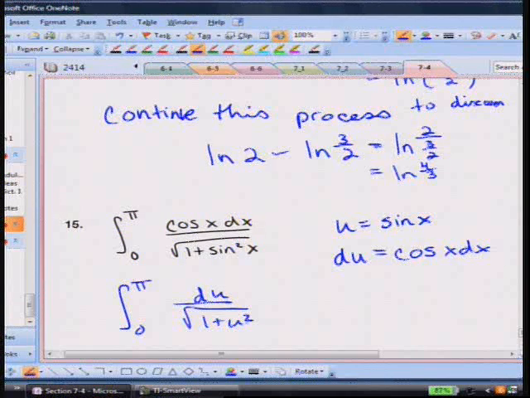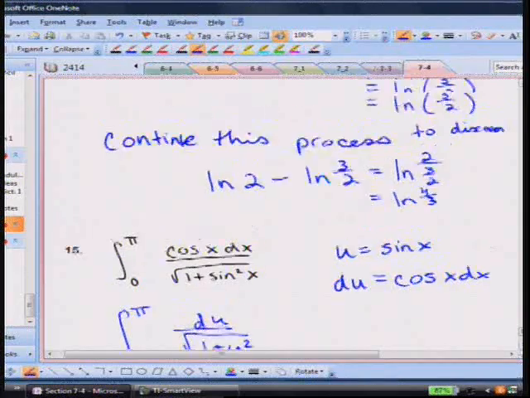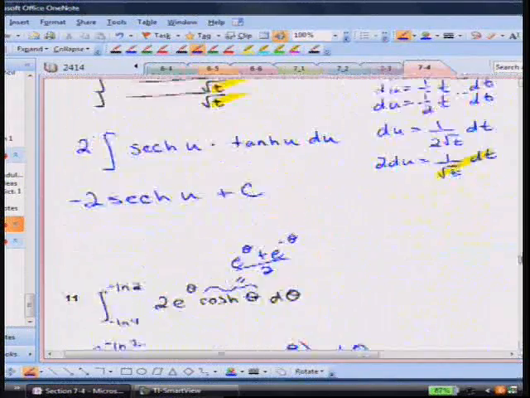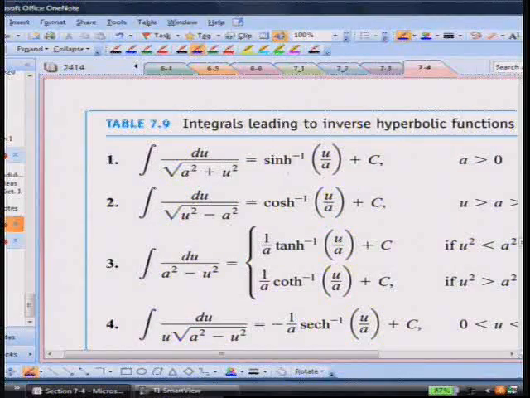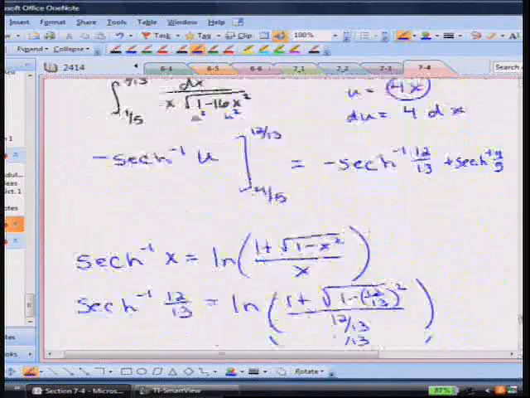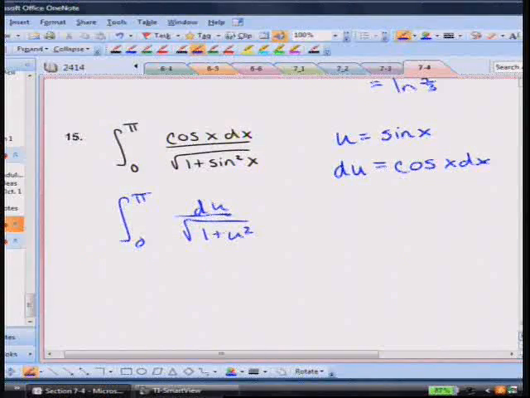Which is, if you look at your thing, number 1, that's the inverse hyperbolic sine. And so this is going to be equal to, you might want to change your limits. The sine of 0 is 0.